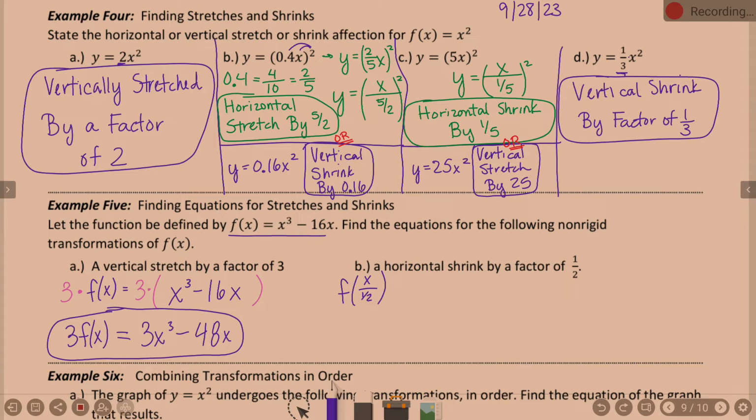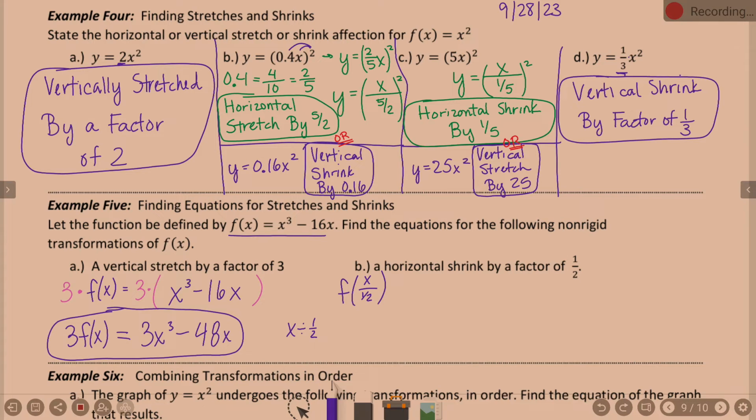Now, do you want to take this equation and every place you see an x, plug in x divided by 1/2? I'm not sure I really do. That sounds kind of ugly. But what do we know about x dividing by 1/2? What is that the same as?